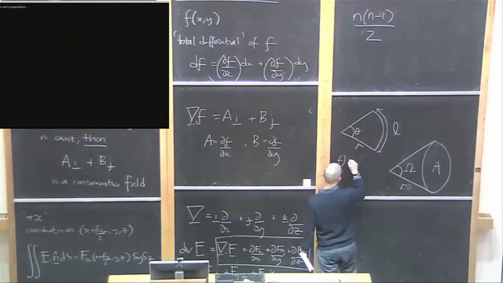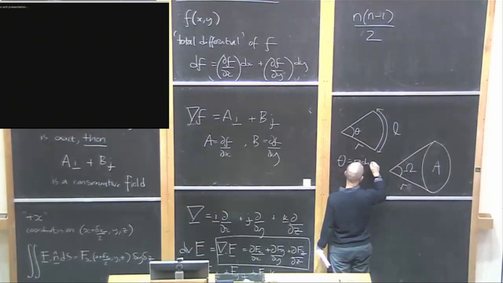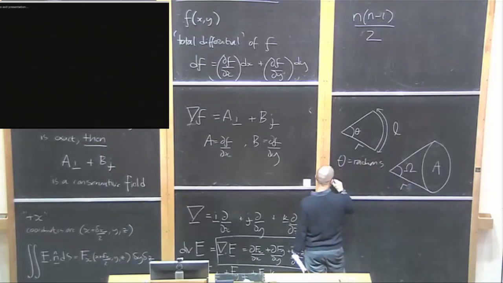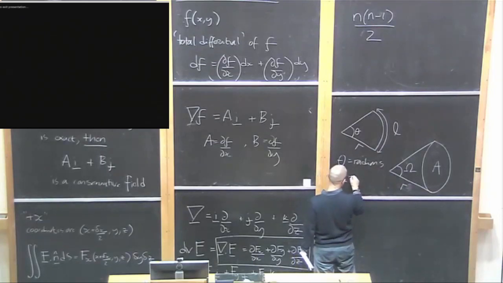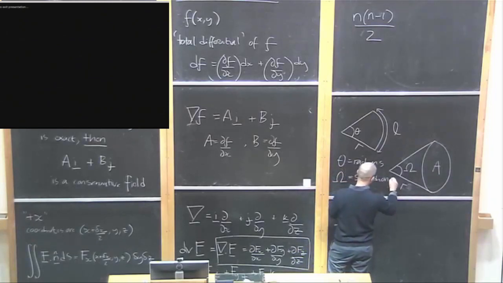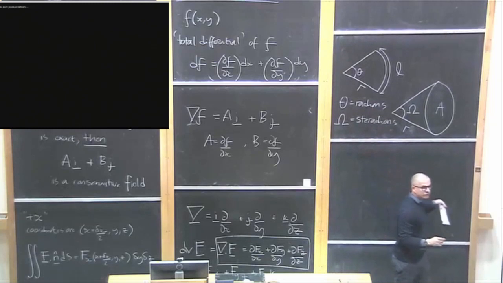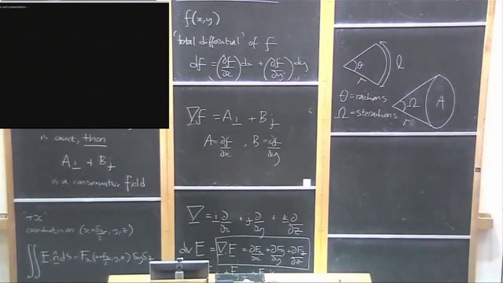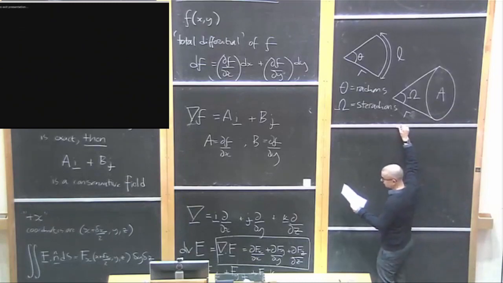So this is for theta in radians, and this is for omega, my solid angle, in something called steradians. Have you come across steradians or solid angles before? Yes? No? Mostly not, I think is the answer. Okay.